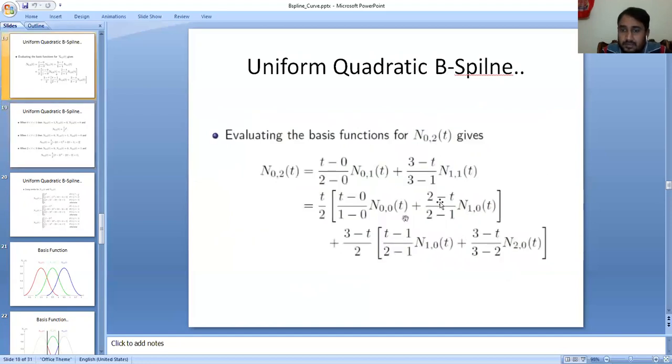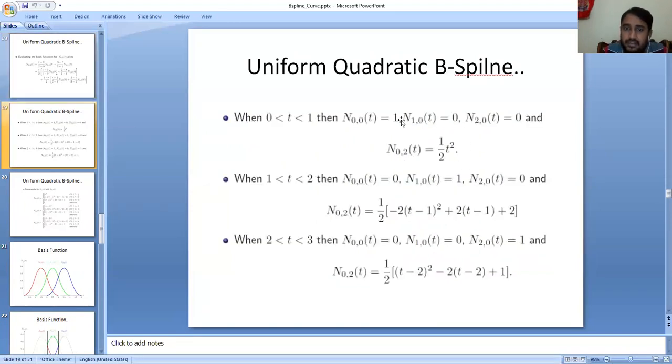So we have calculated N1,0 and N2,0, and half of t square we have calculated. Similarly, when t is in between 1 to 2, in that case this will be 1 and the rest of the two will be 0, because t is in between ti and ti plus 1.